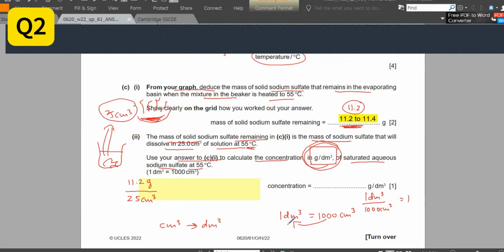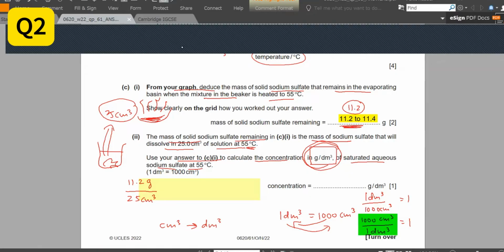Or on the other hand, if we move 1 dm cube to here, we have 1000 cm cube over 1 dm cube equals 1. So these are the two conversion factors that we can use. We're going to choose this one.